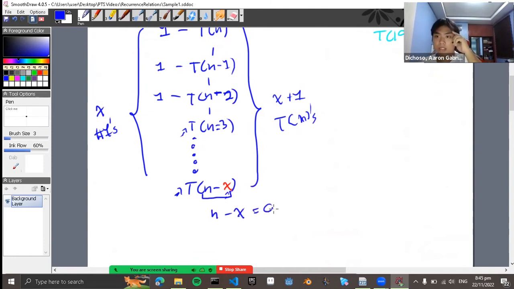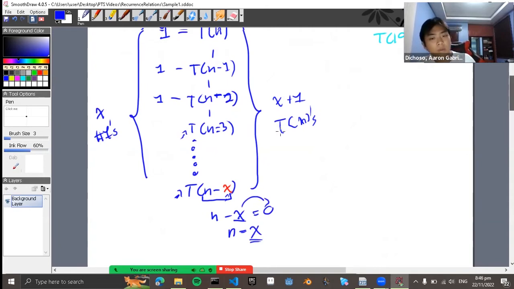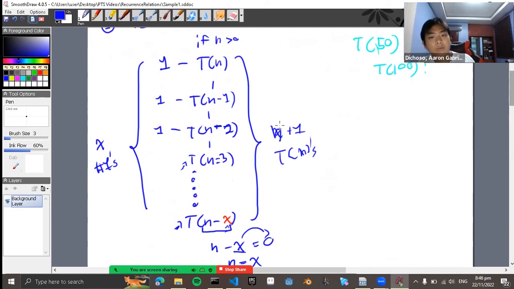If n minus x equals 0, the loop will stop, and yun na. We finish the call. Transposing it to the other side, we get n equals x. That means we would get n plus 1 amount of t of n's here, and n amount of 1's here. So magiging n times 1.